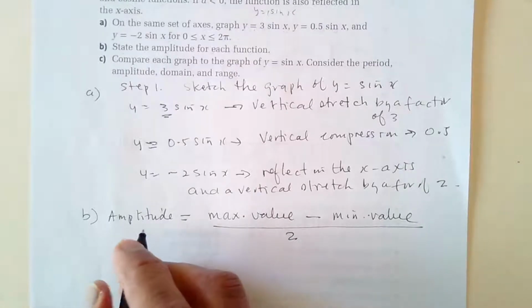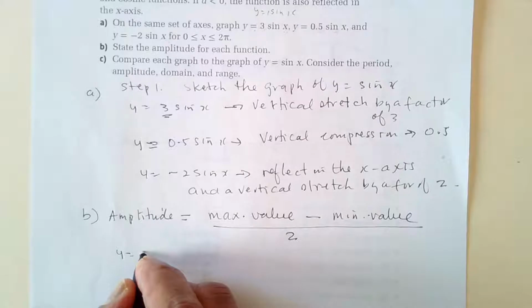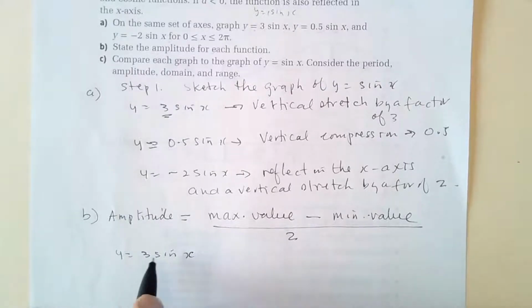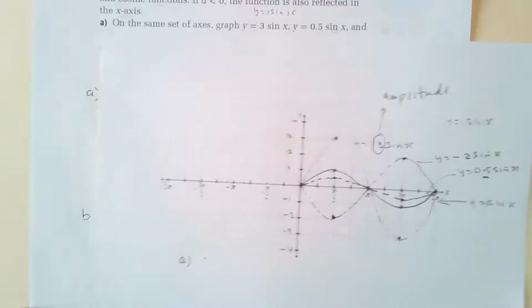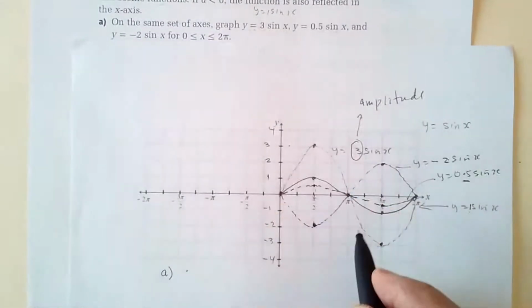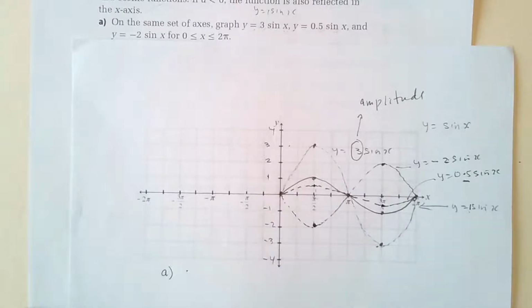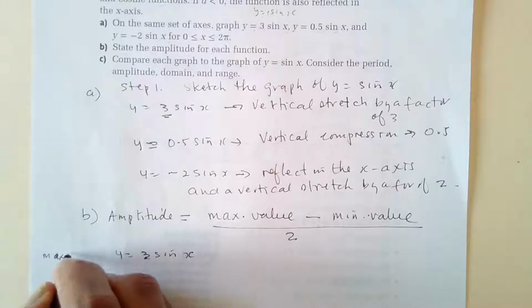So for the first one, y is equal to 3 sine x, I can tell right away from the value here is 3, but if you look back at our graph, our maximum is 3, our minimum is -3.